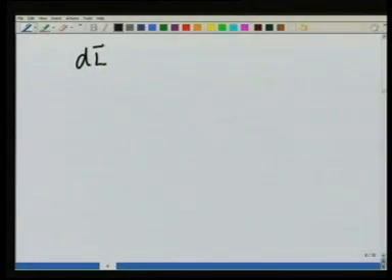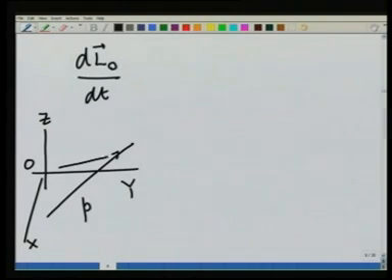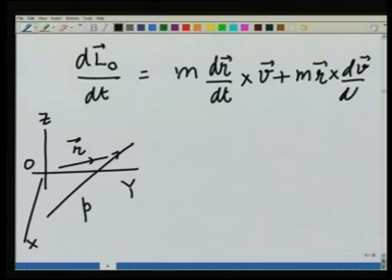So, what we have obtained is dL with respect to O by dt, where let me just remind you that I have an origin O, x, y, z, a particle is moving like this with momentum p, this is r, is equal to m dr/dt cross v plus m r cross dv/dt.